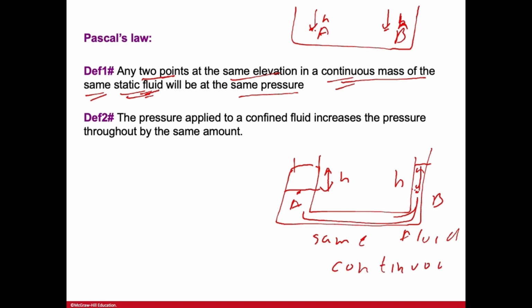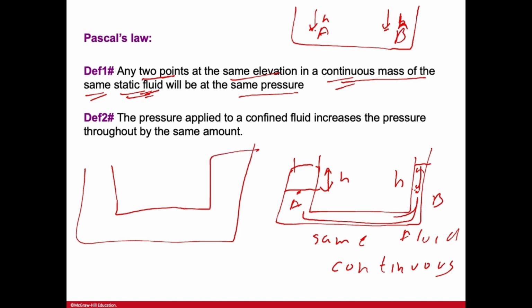The reason for it being continuous is, let's say you have this closed tank in this shape, right? And I created a wall here. This whole fluid is filled up with, let's say, water, and you're looking at this point A and the height here.